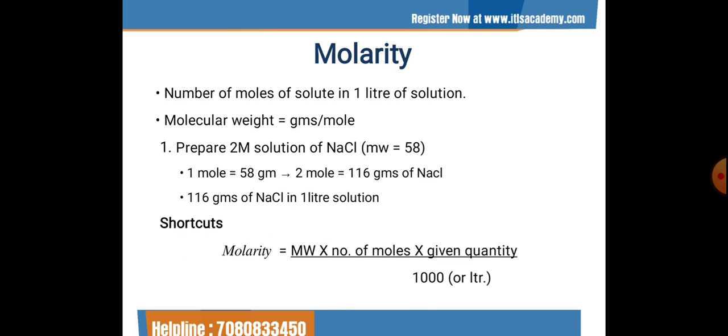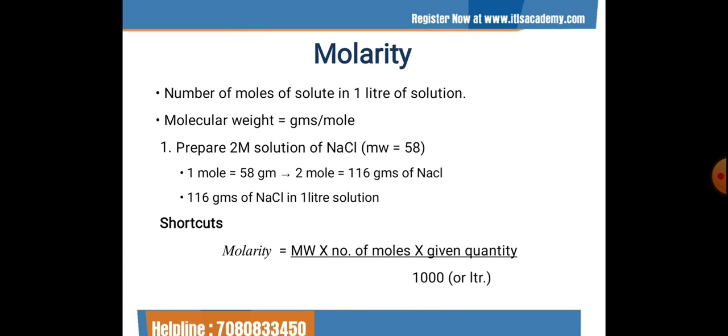Now we have to prepare a 2 molar solution of NaCl. Therefore we can simply calculate: 58 plus 58 gives 116 grams of NaCl. By adding 116 grams of NaCl in 1 liter, we will be preparing a higher concentration of NaCl solution, that is, a 2 molar concentration.